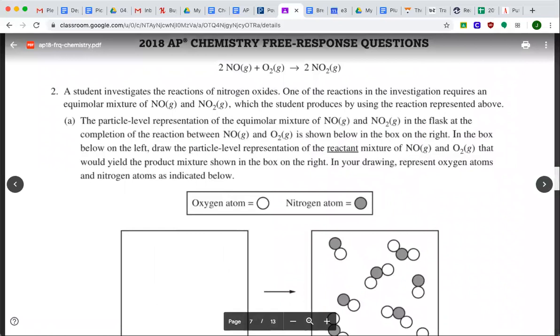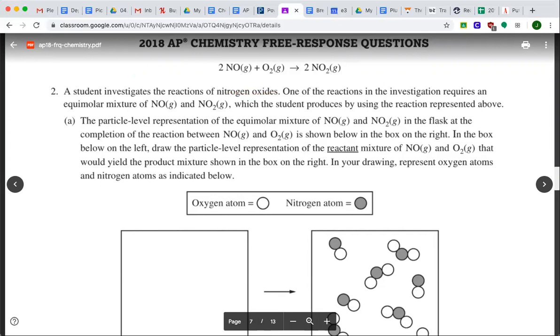So, a student investigates the reactions of nitrogen oxides. One of the reactions in the investigation requires an equal molar mixture of NO and NO2 gas. So here's the original reaction, and it asks for equal molar mixtures of the two gases.